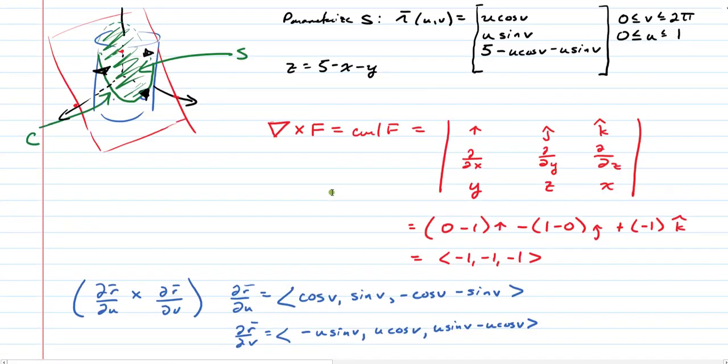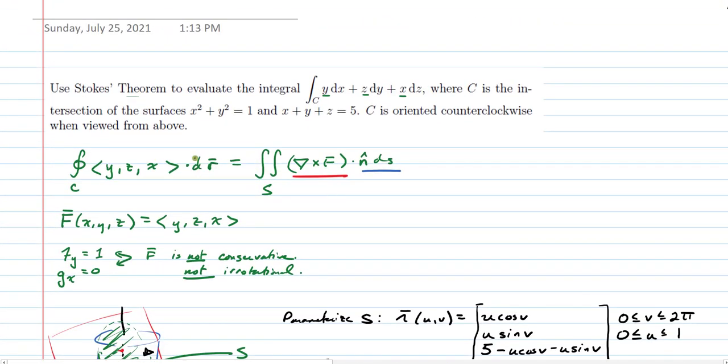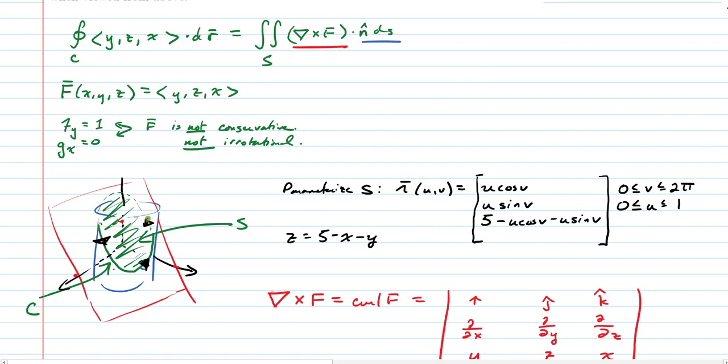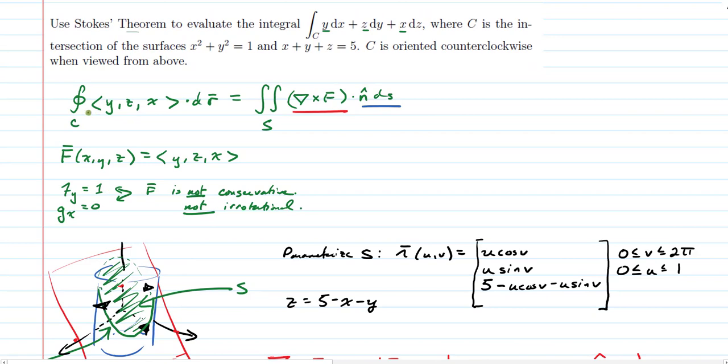Just as a reminder, the key part was to say, okay, we want to rewrite this circulation integral around the boundary of this curve. That was this green boundary of this ellipse here in 3 space. Rather than computing that circulation integral, we computed the flux through the surface that's enclosed by that curve.